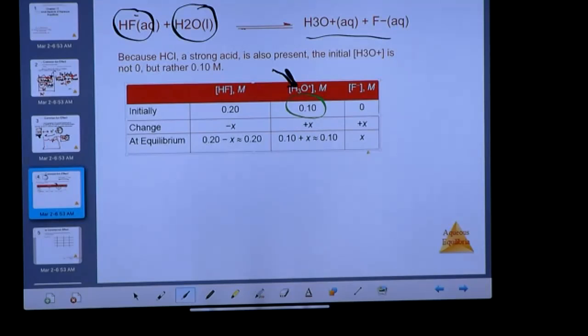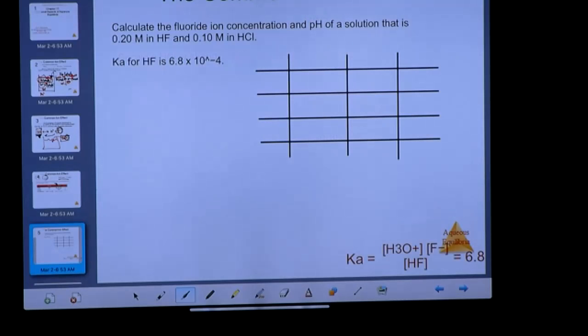So it's just saying I'm adding HF to a solution that already has H plus. You okay with that? I think the next slide, let me make sure it's the same one. Okay, so it is the same one.